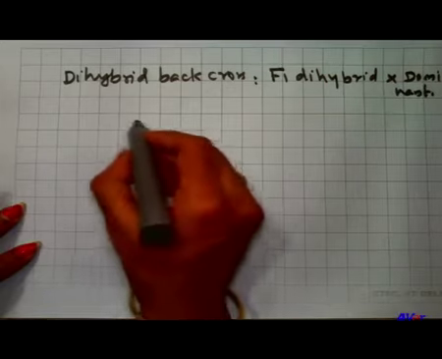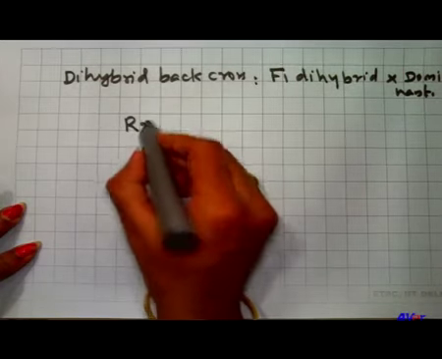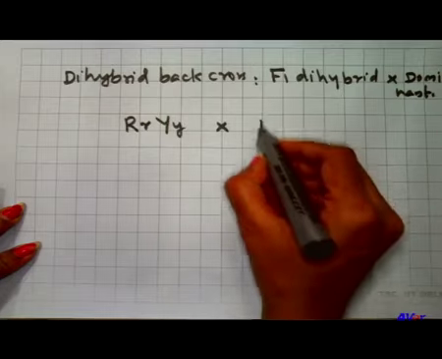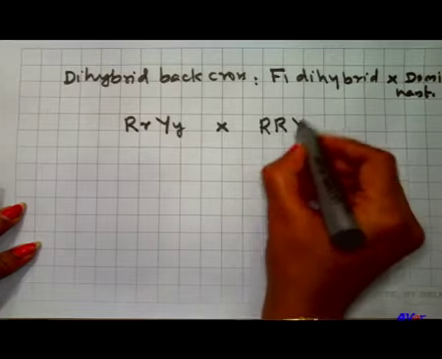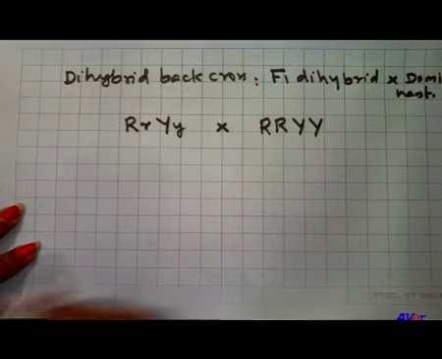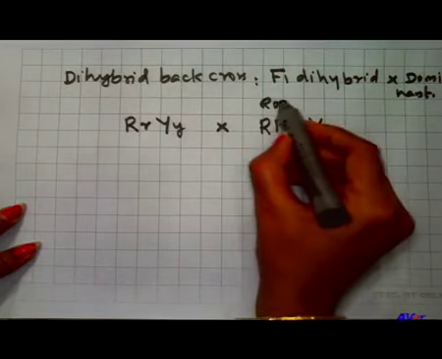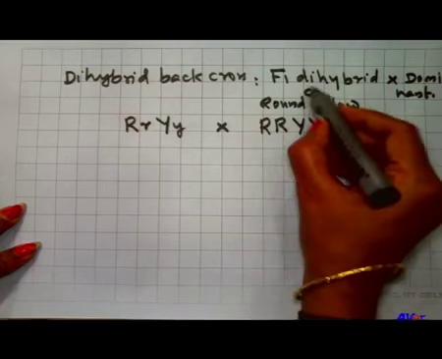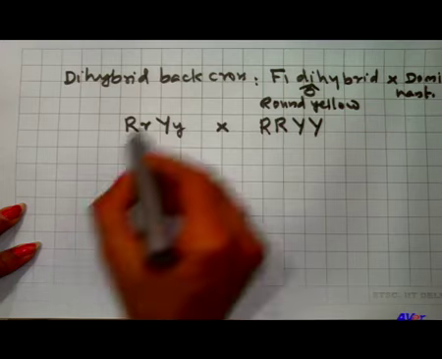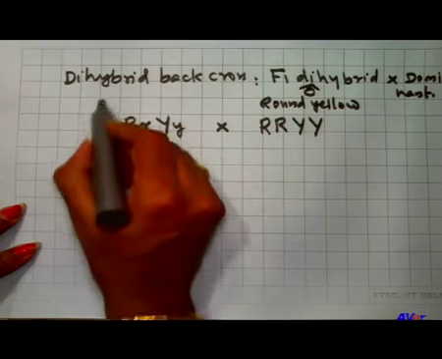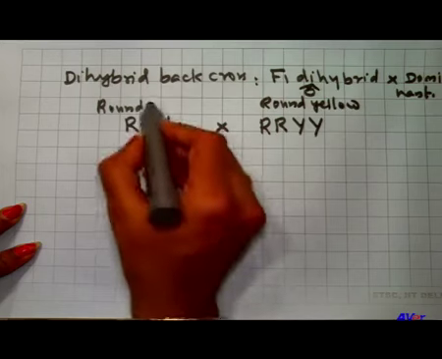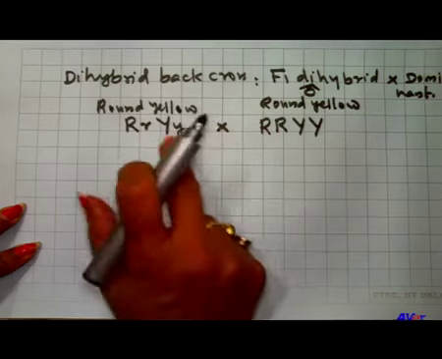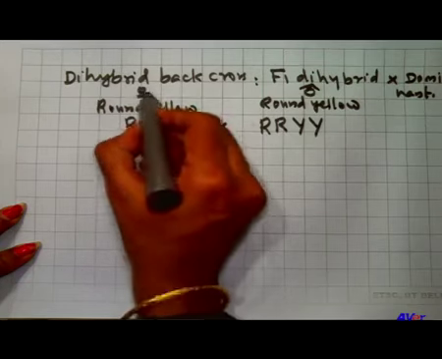The F1 dihybrid in this particular cross is capital R, small r, capital Y, small y, and the dominant parent is capital R, capital R, capital Y, capital Y. This is round yellow in phenotype, that is taken as male, and this is also yellow in phenotype, but this is the F1 dihybrid. Consider it as female.